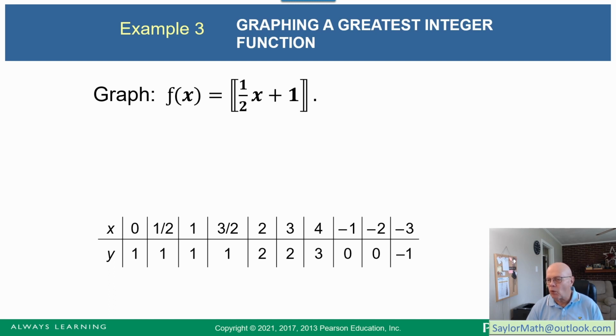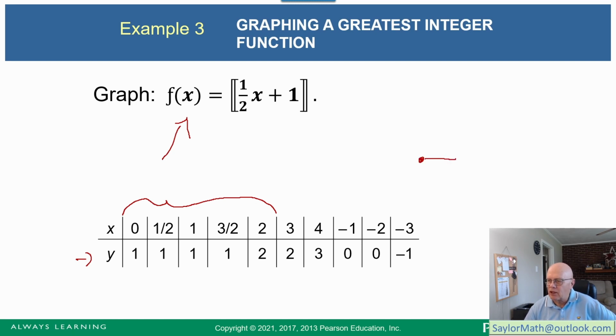So 0, 1, 2, 3, 4. Those should be pretty easy to work with, and find out what y's are generated by this function. Once you get this worked out, that might give you an idea of how all the rest work.